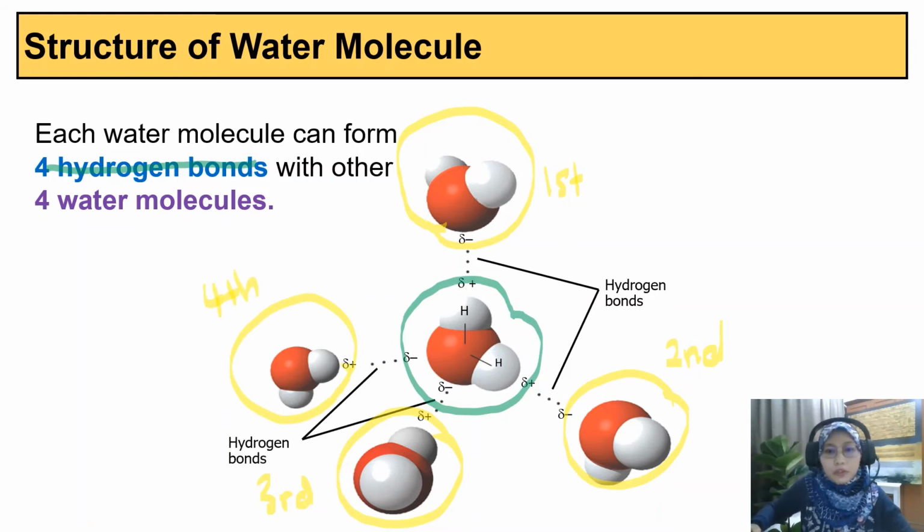So from here, it clearly shows that one water molecule can form a maximum of 4 hydrogen bonds with neighboring water molecules.